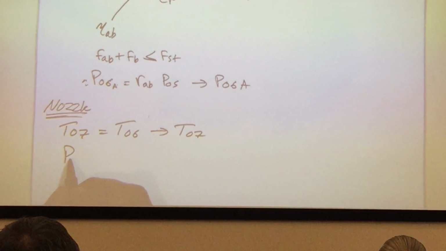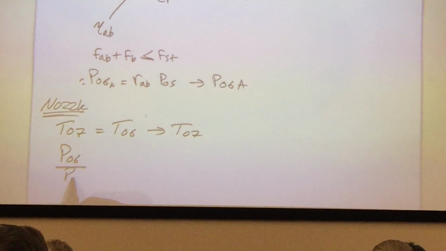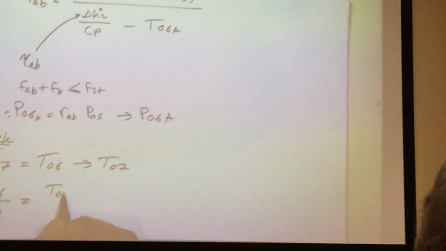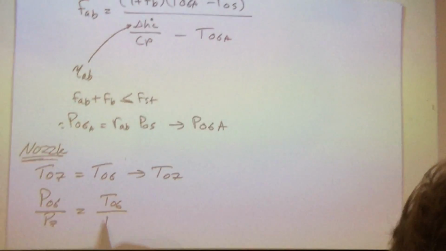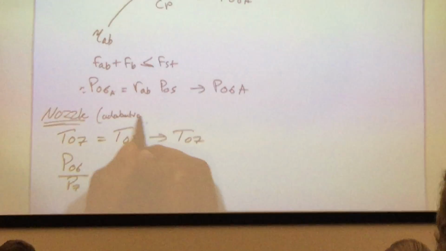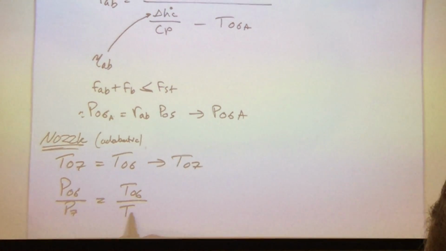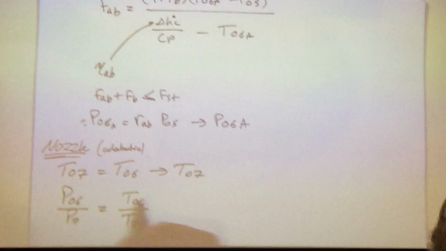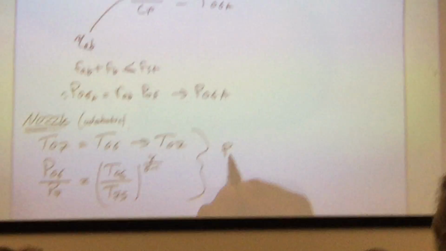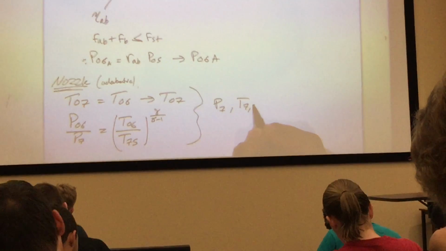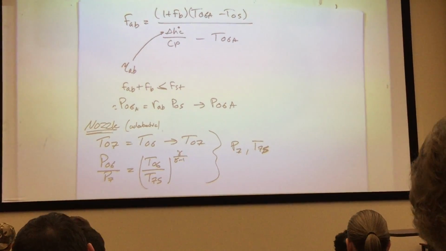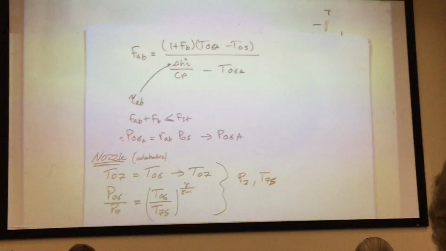The pressure ratio is relative to ambient, so P_O6 relative to my ambient condition 7 is equal to the temperature ratio of 6 relative to 7s, since it's adiabatic, to the power of gamma over gamma minus 1, and from those two I could get P_7 and T_7, if they're not isentropic, if it's not ideally expanded, which this is a real engine, so it could potentially not be ideally expanded.